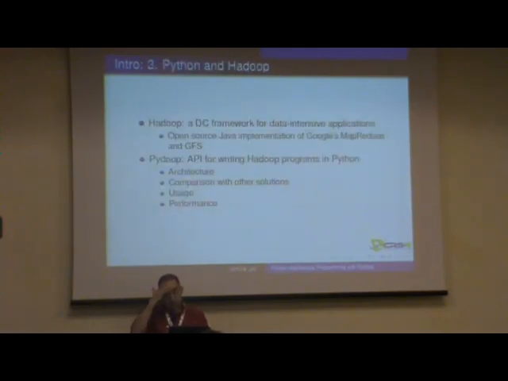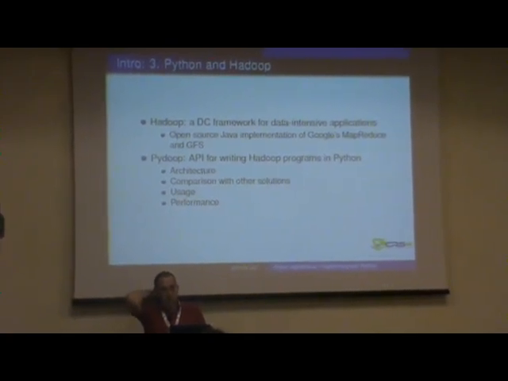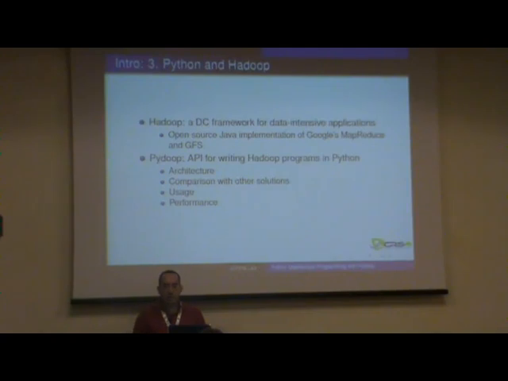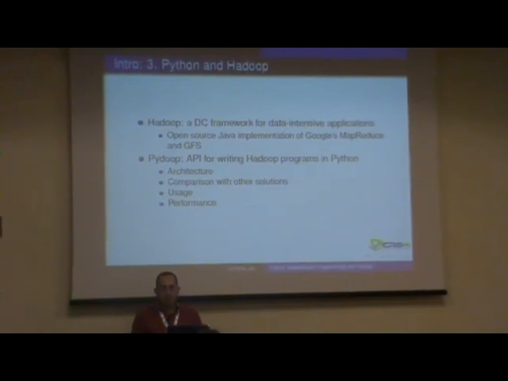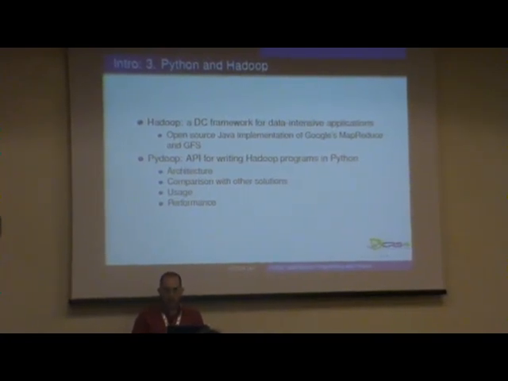So we will talk about a specific programming framework, Google's MapReduce, and in particular its most important open source implementation, Apache Hadoop, and what your options are for writing programs in Python for this framework.